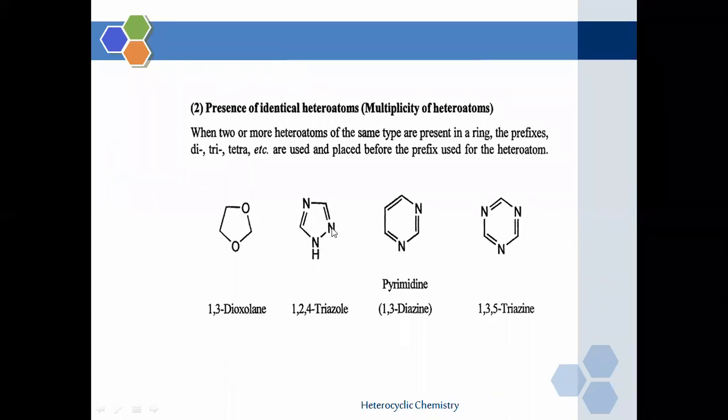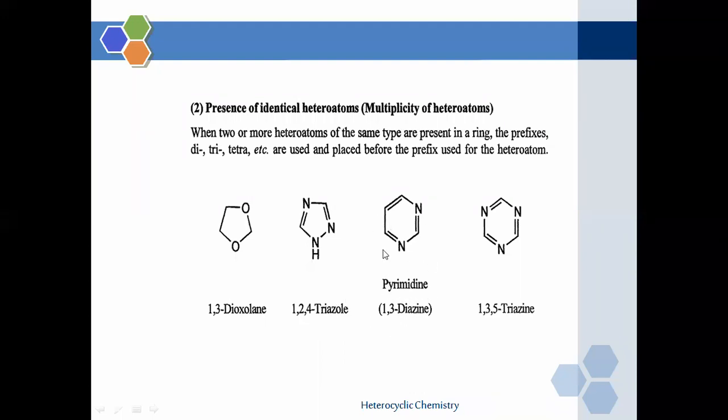See, another two nitrogen atoms in the ring are unsaturated as they are bound with one number of double bond. So we have to assign the one number to the nitrogen atom, saturated one. So what is the name of the compound? 1, 2, 4. How many nitrogen atoms are there? 3 are there. That's why tri, and the parent chain is azole. So what is the name of the compound? 1, 2, 4 triazole.